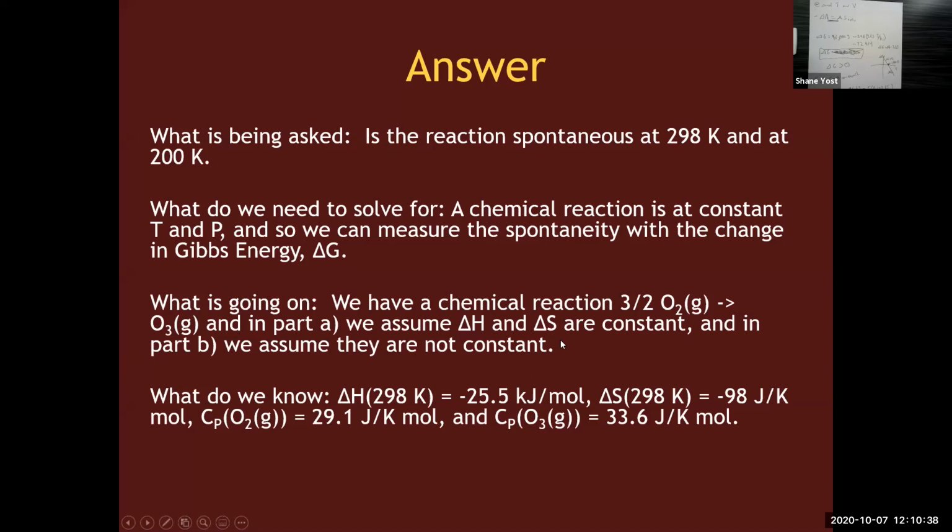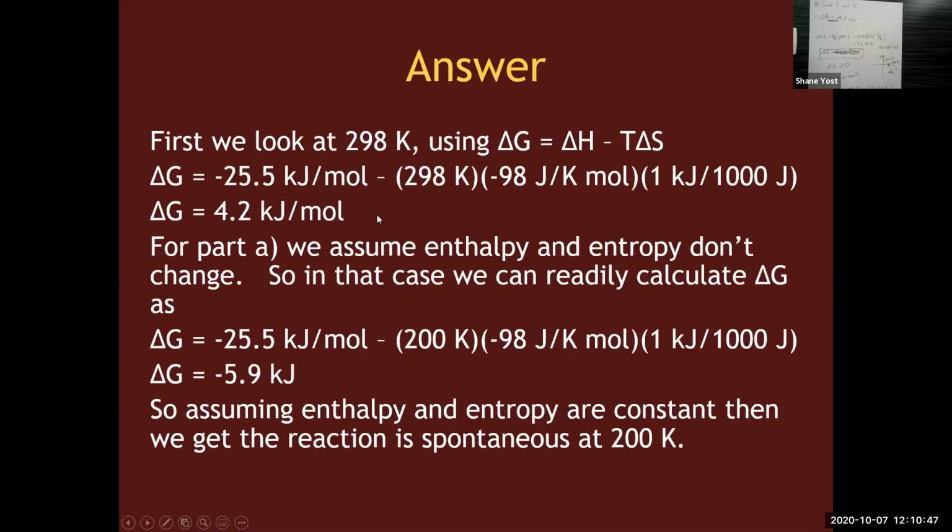If I want to calculate the Gibbs free energy change of that reaction given delta H and delta S, I just use the fact that delta G is equal to delta H minus T delta S and plug in the temperatures, 298 and 200 Kelvin. At 298 Kelvin, I take the enthalpy change for that reaction that was given and the entropy change which was given, convert it to kilojoules to get a positive 4.2 kilojoules.